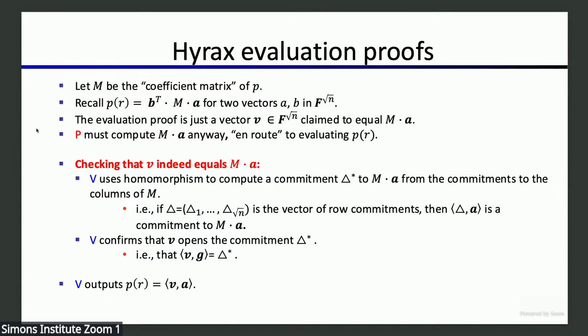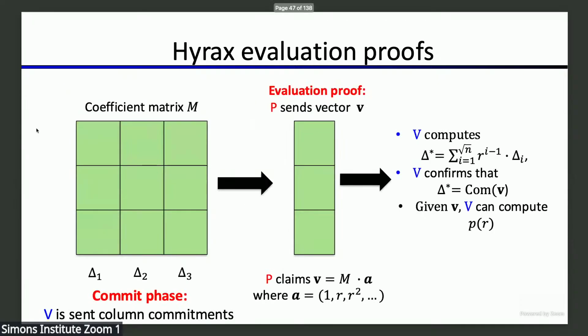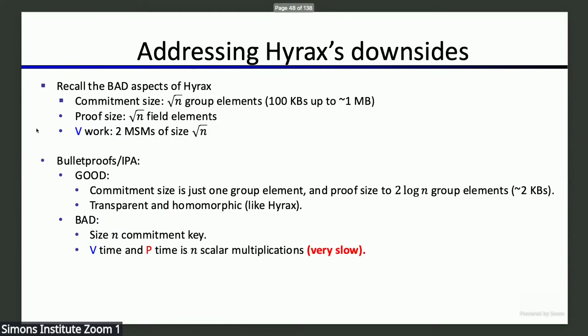This is the answer. It's a partial version of the full answer. The full answer is b transpose times m times a, and it's computing m times a. So there's no cryptography in computing the evaluation proof. It's just, here's the m times a.